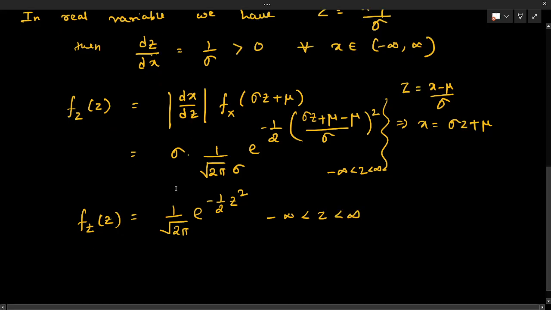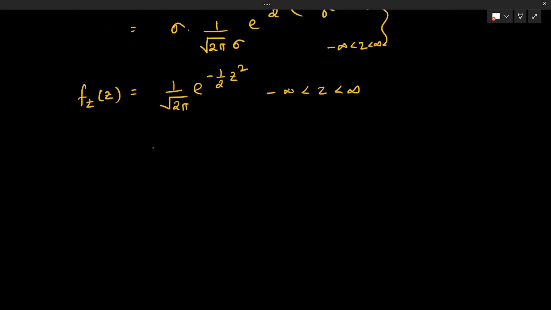This particular distribution has a special name. We say that z follows standard normal with mean 0 and variance 1. So this is the standard normal distribution. Thus, if x follows a normal mu, sigma distribution, then z follows a normal 0, 1 distribution. This is called standard normal.